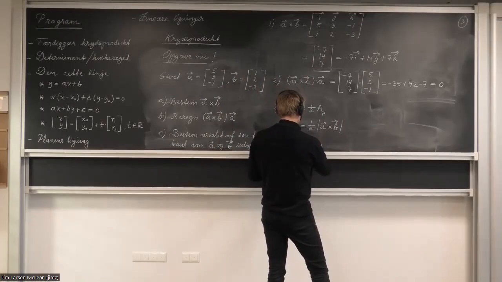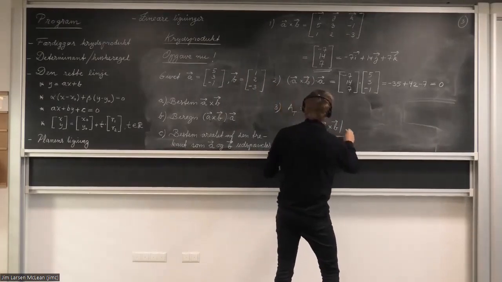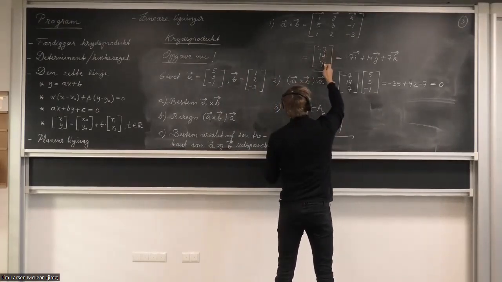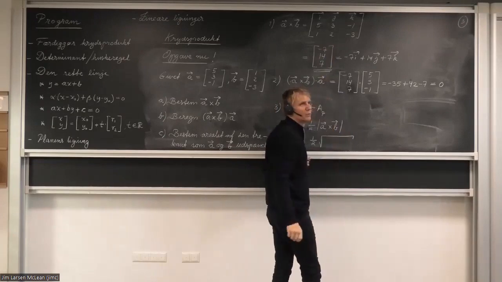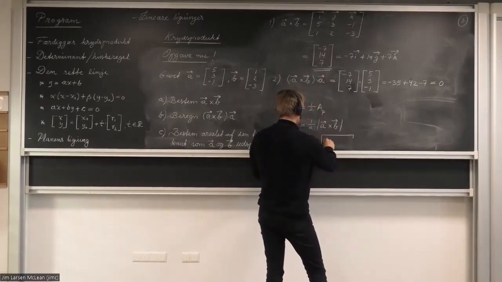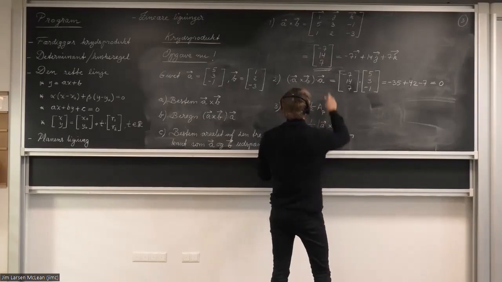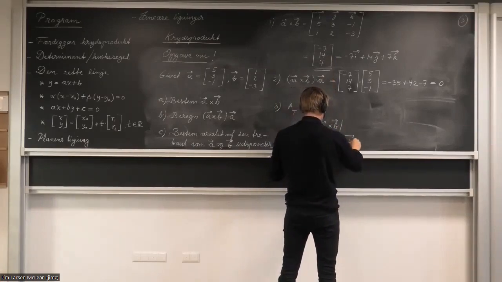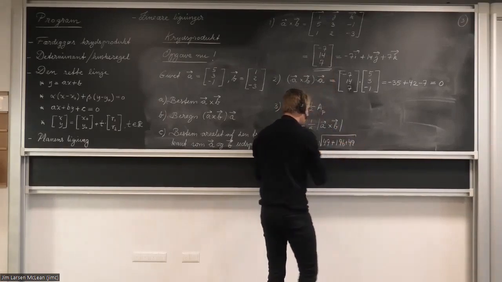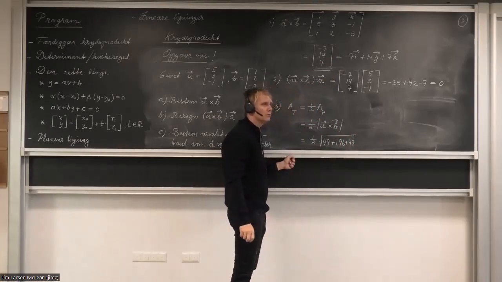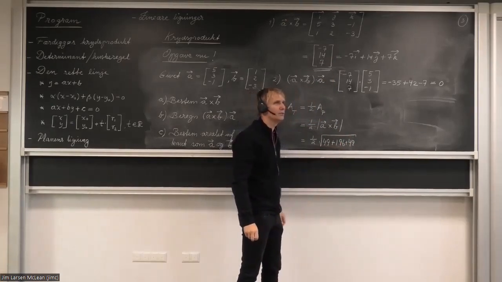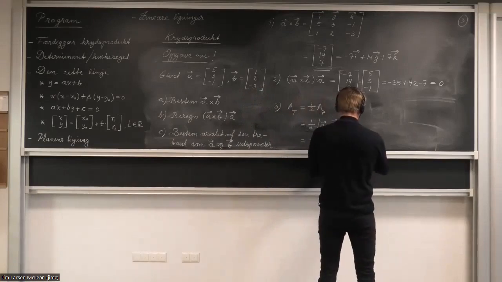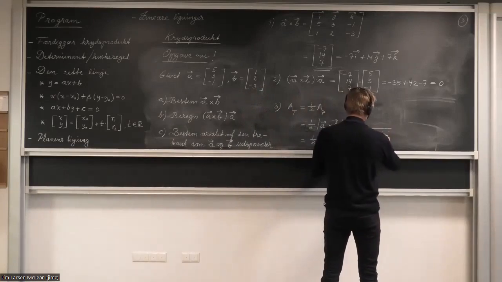That's half times the square root of 7 squared plus 14 squared plus 7 squared. I don't need to write minus 7 squared because it's the same as 7 squared. So it's 49 plus 196 plus 49 again. 49 plus 49 is 98, plus 196 is 294. So it's half the square root of 294, and then we're done.